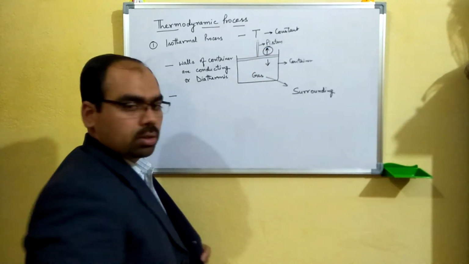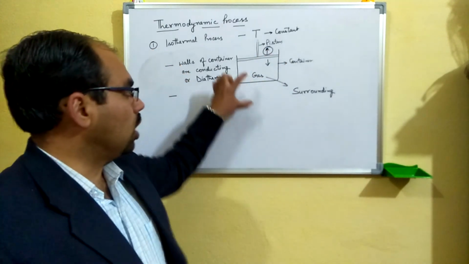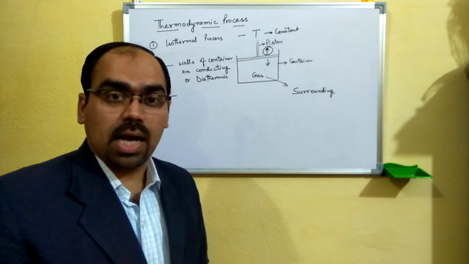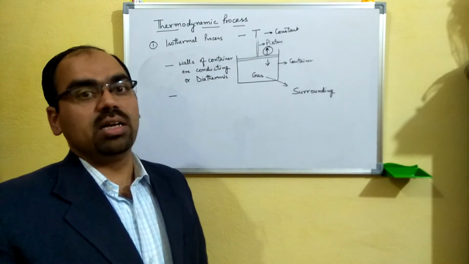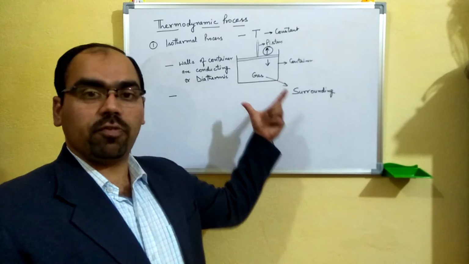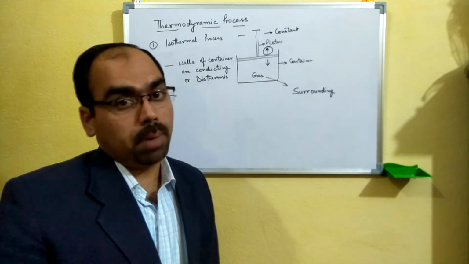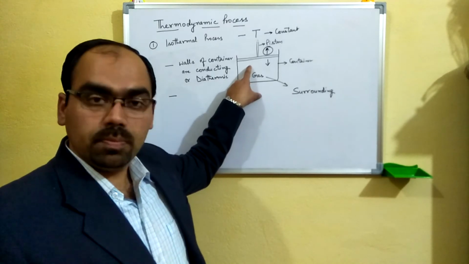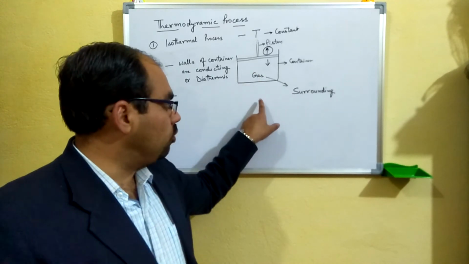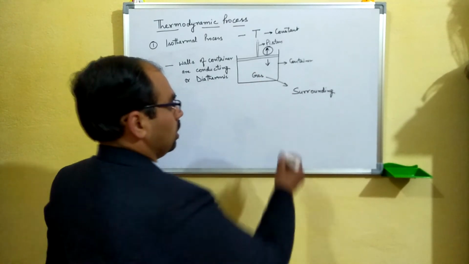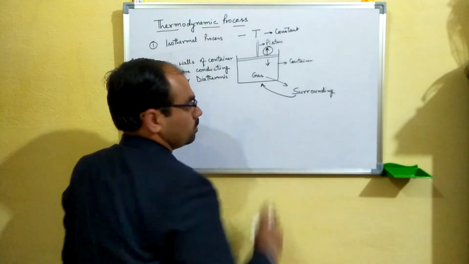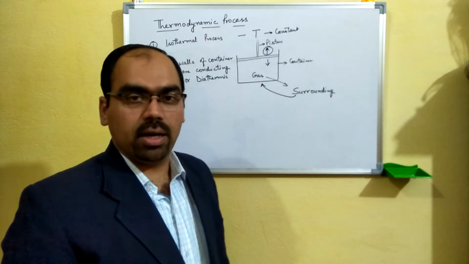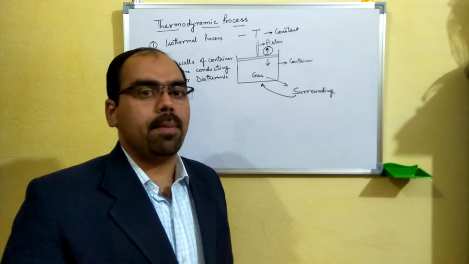Similarly, when your piston is moving upwards, your gas is going to expand, and that needs external energy, meaning the temperature of the gas is going to fall. But due to the diathermic or conducting walls, the gas will absorb heat from the surrounding and maintain a constant temperature.